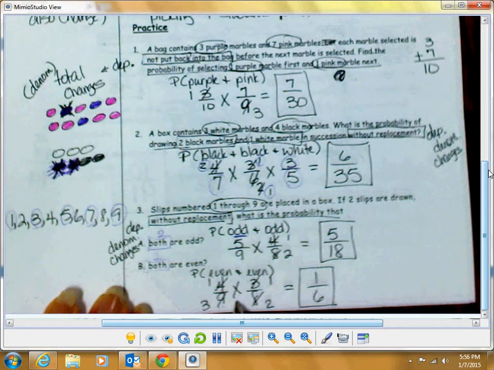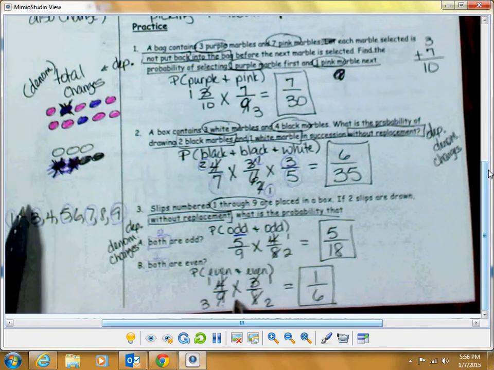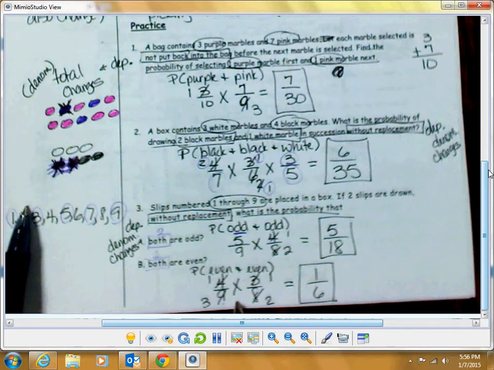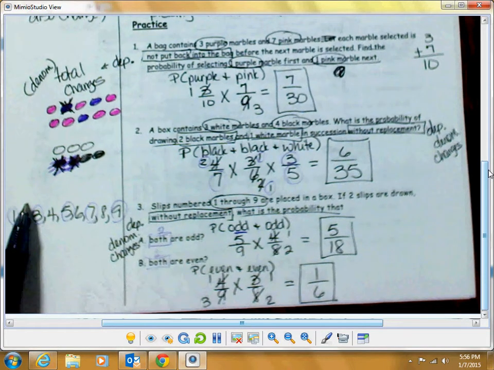And means to multiply. Then, since I have taken away one of the even numbers, because it said don't replace it, now when I look through my sample space for another even number, I only have 3 left, and there's 8 numbers left. That's where this 3 eighths comes from.